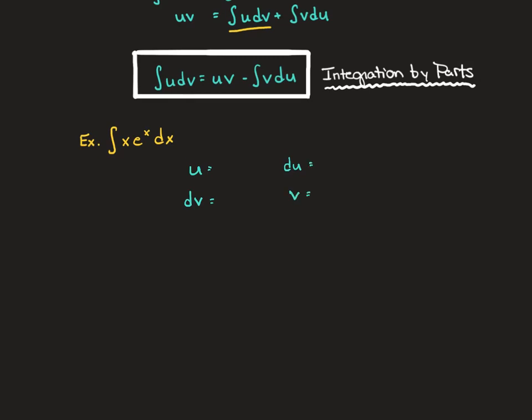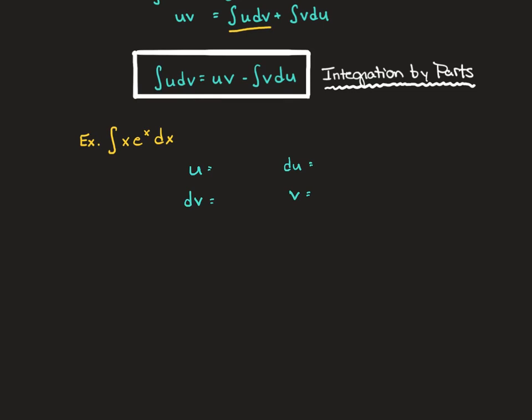And you're hoping that v du is going to be easier to integrate. So u, hopefully, is something that's going to get a little bit easier when we differentiate. And dv is something we're going to have to be able to integrate.